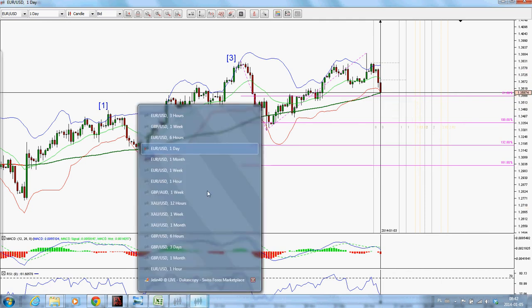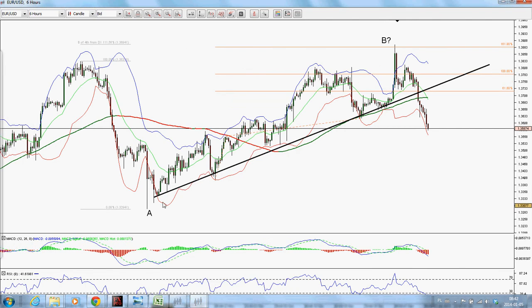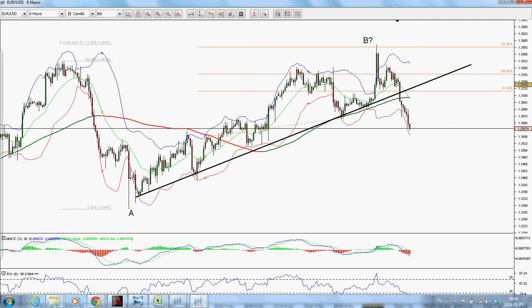So this is the A, this is a B. The only issue I have with this B, I was expecting last week that this movement here, this 1, 2, 3 to the upside, will finish developing in this area a little bit, and this didn't happen. The market started falling to the downside. So I'm a little bit surprised with this movement, because it means that this B is already in.